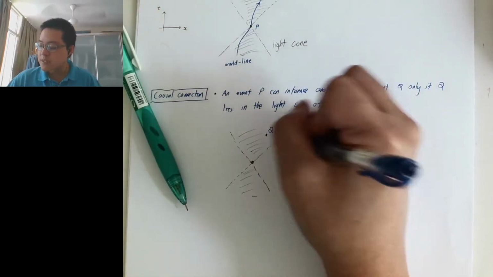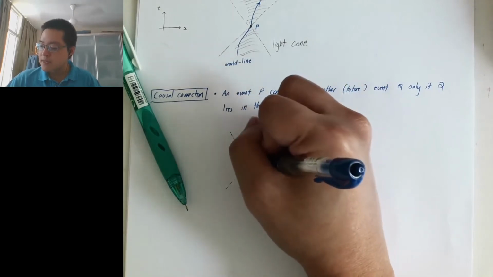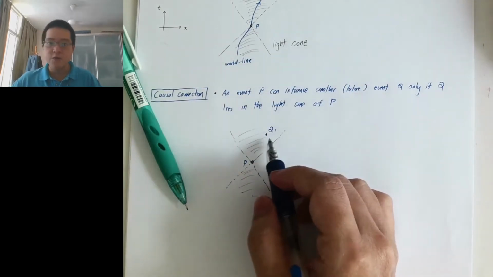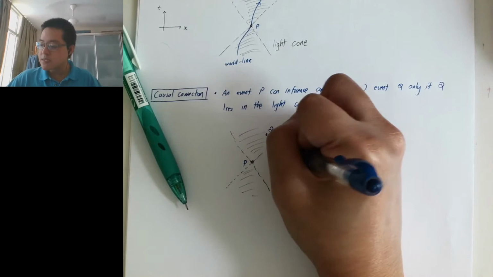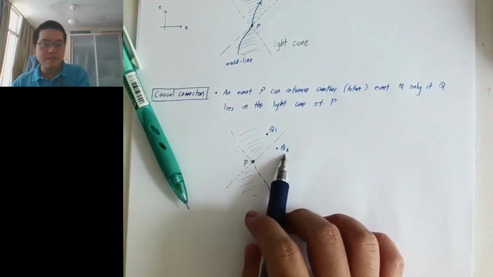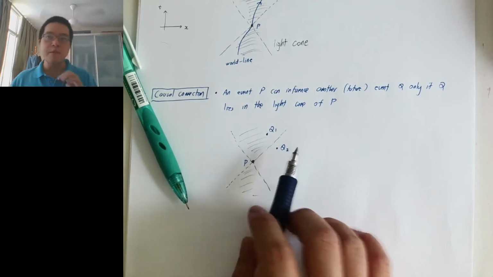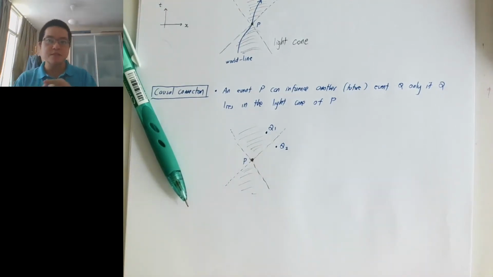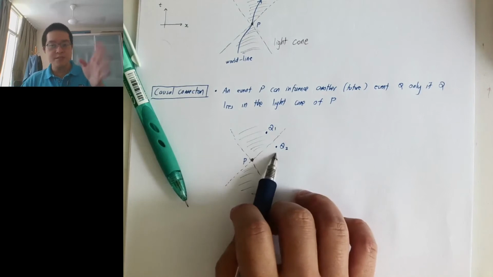If Q is inside this light cone, then things that happen in P might affect Q. But if Q is outside this light cone, then whatever happens in P will not affect event Q. Remember, an event is not just about position, but about position and time. So Q is this position at this time.